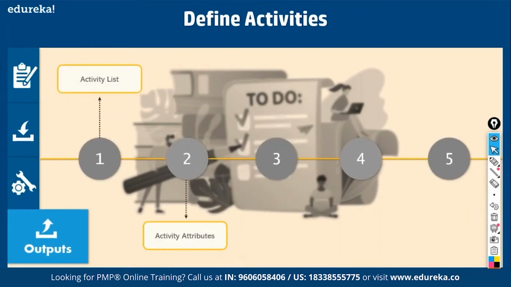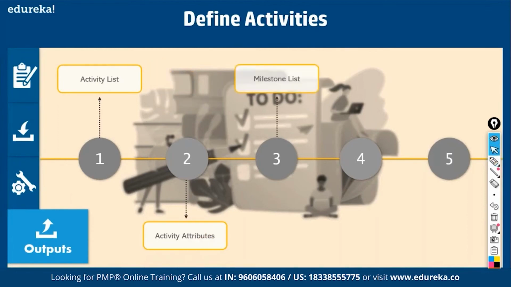Then activity attributes. What are the activity attributes? These activities have a particular set of features. Who should do it? How long should it take? Durations. What are the costs for these activities, right? In what sequence should it be done? Which activity comes first? Which should come next? All these are called activity attributes. Then milestone list.